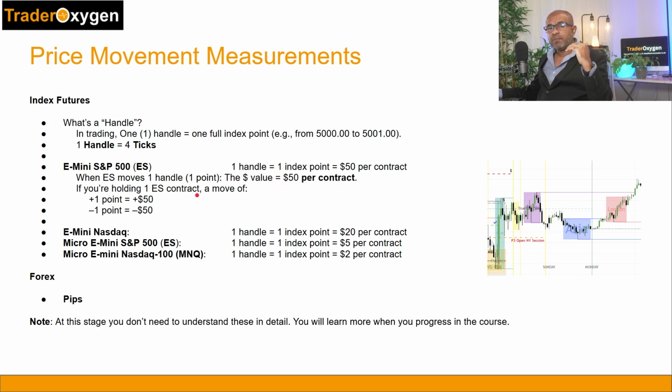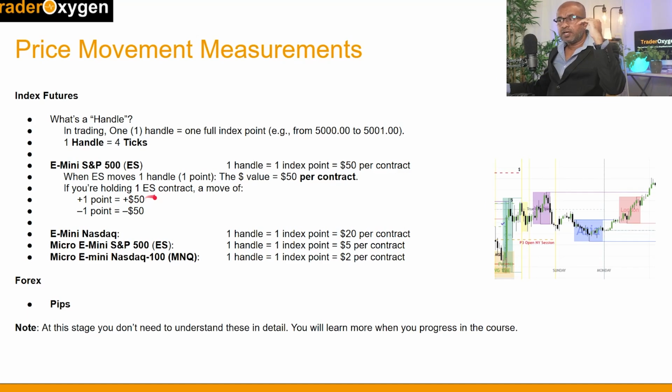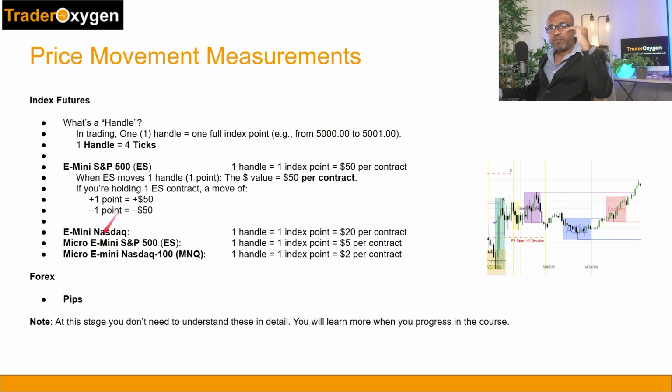So, for example, if you are holding one ES contract, a move of 1 point up will be a gain of $50 for you. A move of 1 point down will be a loss of $50 for you. Again, it depends on whether you are in a long position or a short position. This is given if you are in a long position.